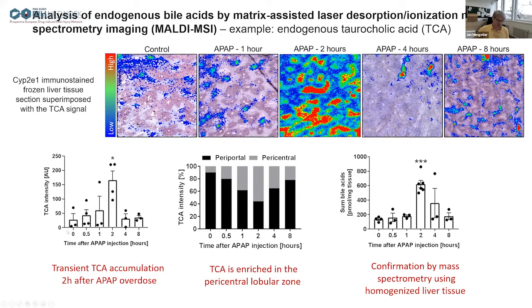This is the quantification showing this transient increase, and that this increase occurs preferentially in the pericentral region. Of course, we confirmed this by conventional mass spectrometry of homogenized tissue. This showed a similar result, also a transient increase, peaking about 2 hours after overdose.